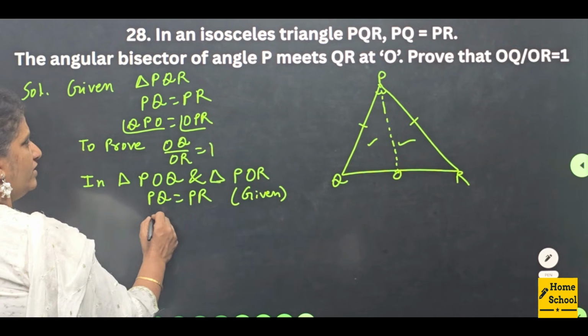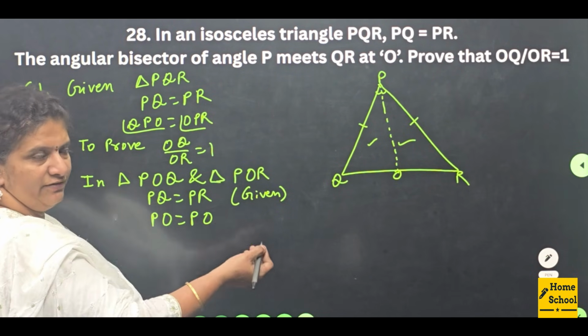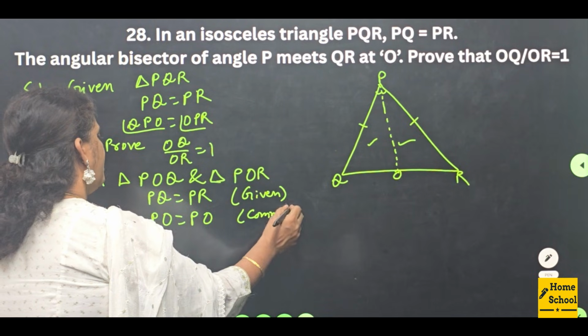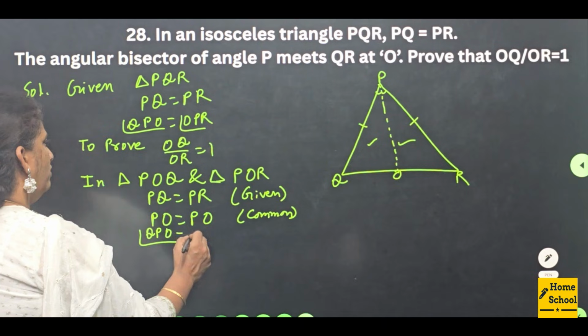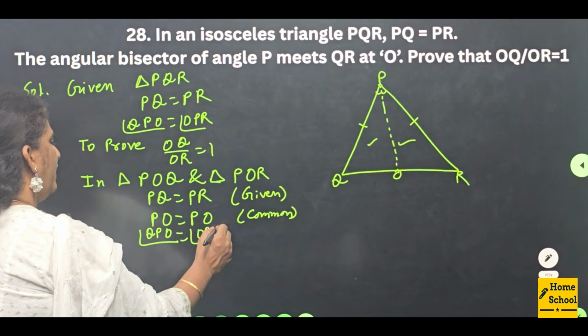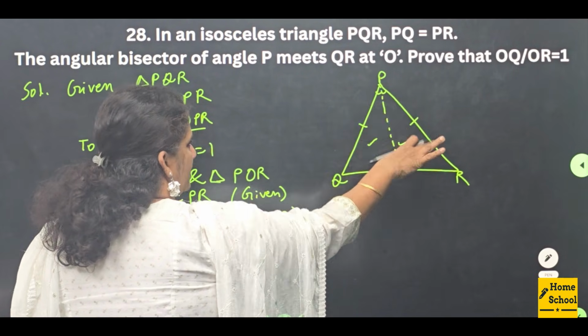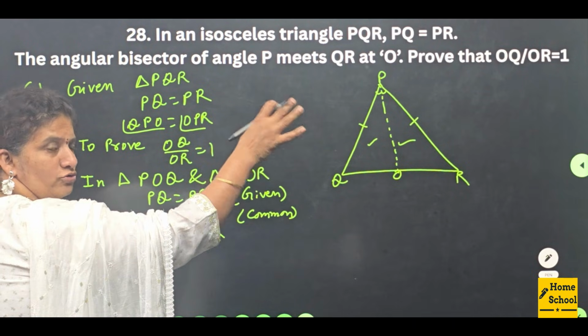And next, PO is equal to PO, common side for the two triangles. And something more: angle QPO is equal to angle OPR. The included angle of two sides is equal to the included angle of the two sides of the other triangle.